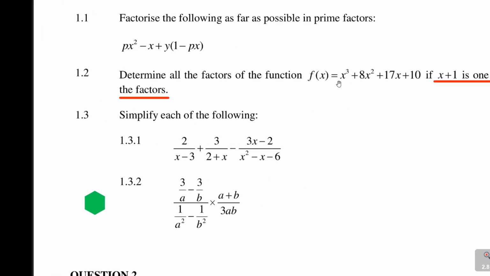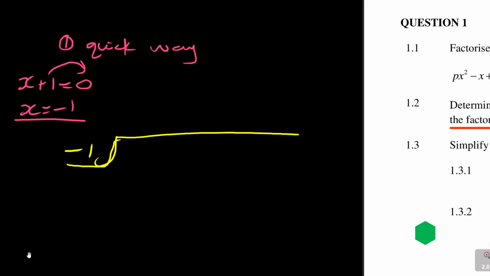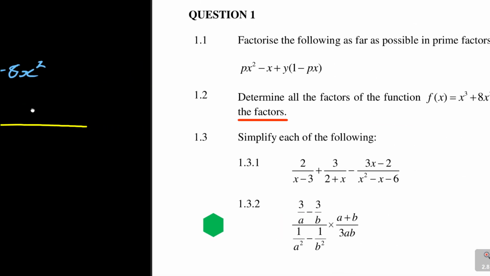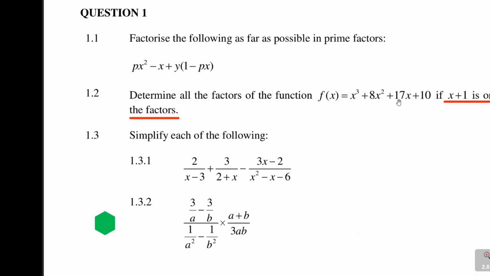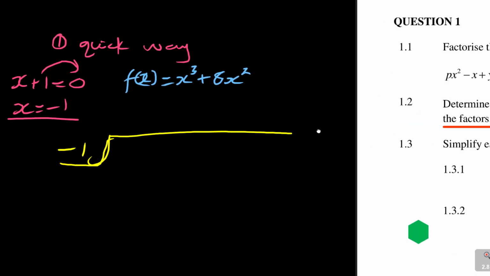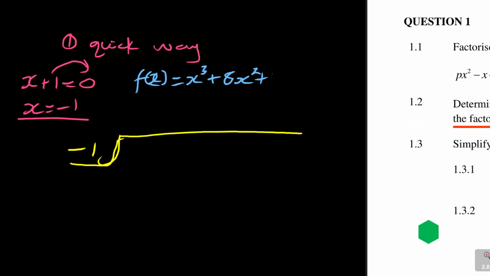Now I'm interested in what you have. You see, f of x is x cubed plus 8x squared plus 17x plus 10.